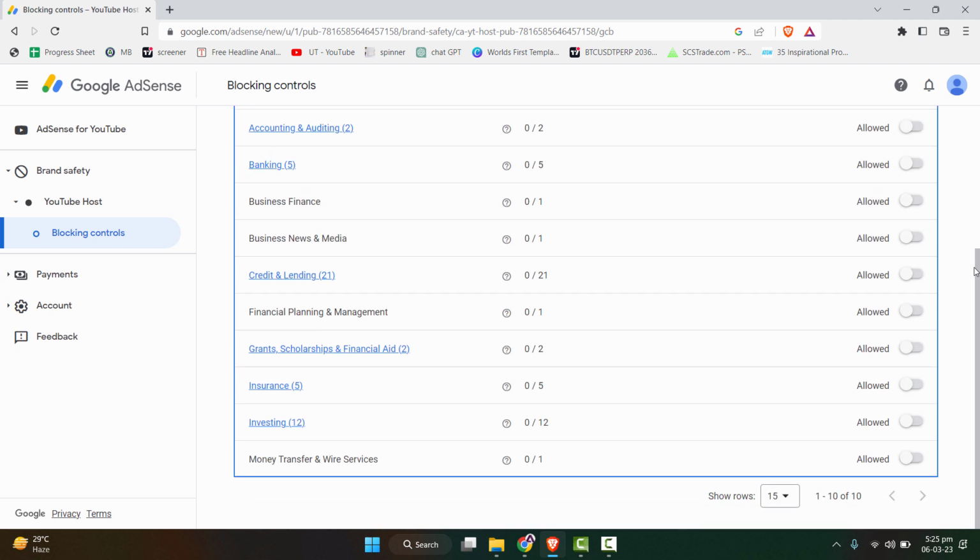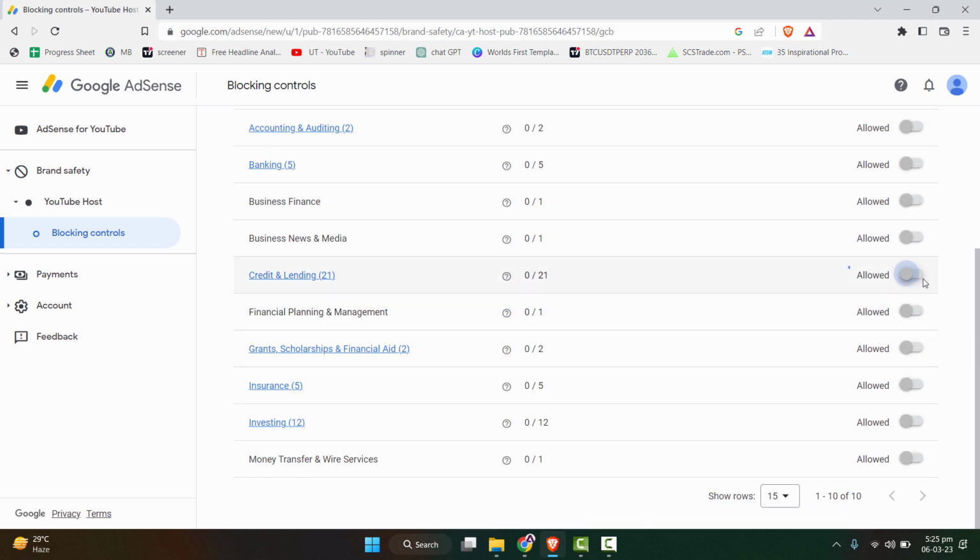Let's check the finance. Credit and lending is something that we need to disallow because it involves interest, and interest is not allowed, and promoting that is not allowed as well. Insurance you can block because it is the same kind of thing as interest-based. Now in banking, you can either totally block that, or you can check the categories. If you find that some of them can be allowed, then you can enable that, otherwise you can disable that.